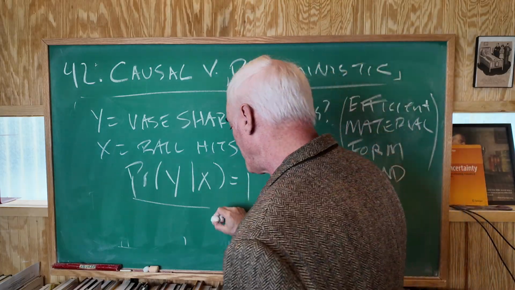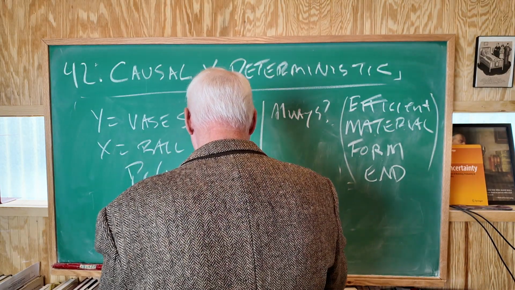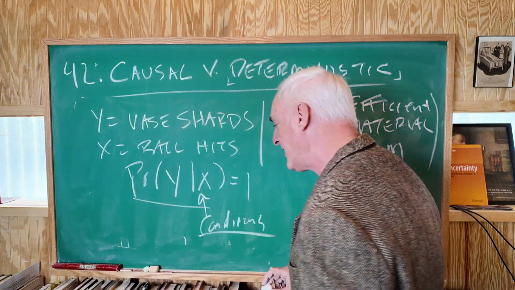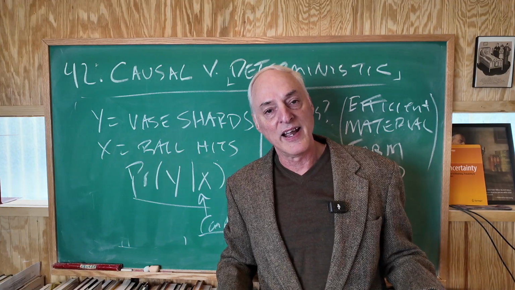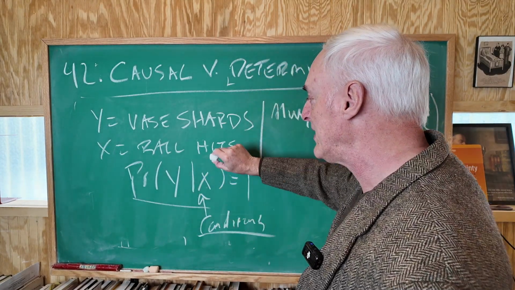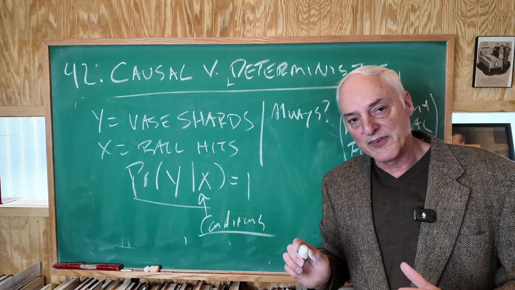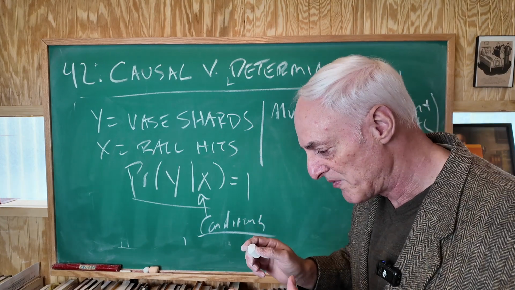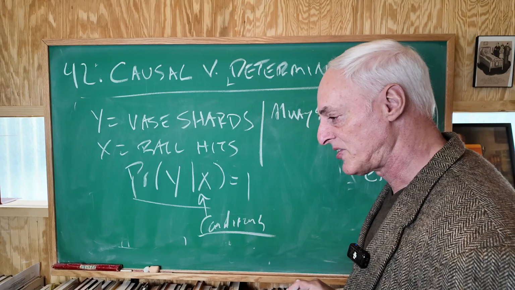So part of this, x here, has to be the conditions. The conditions that allow this ball to bring about its power of breaking a vase. The efficient cause of the ball knocking through the vase can be in there, but we don't necessarily have all of the conditions.